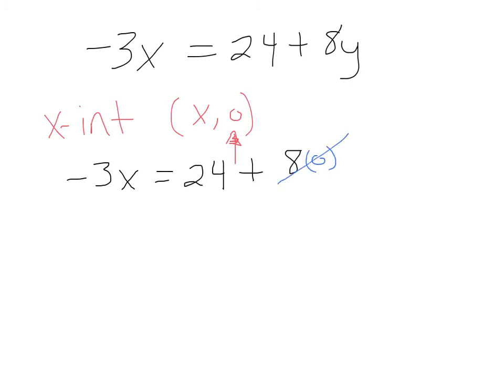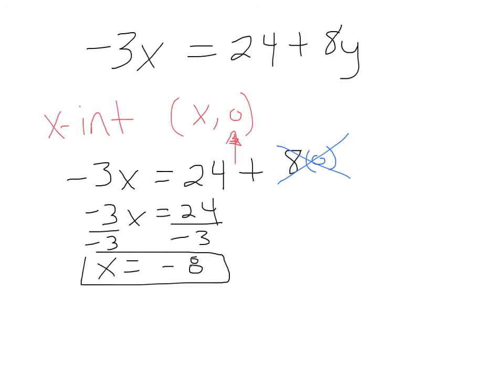You can see that 8 times 0 is nothing, and you've got -3x equals 24. To solve for x, divide by -3 on each side. How about x being equal to -8? That means your x-intercept is (-8, 0).